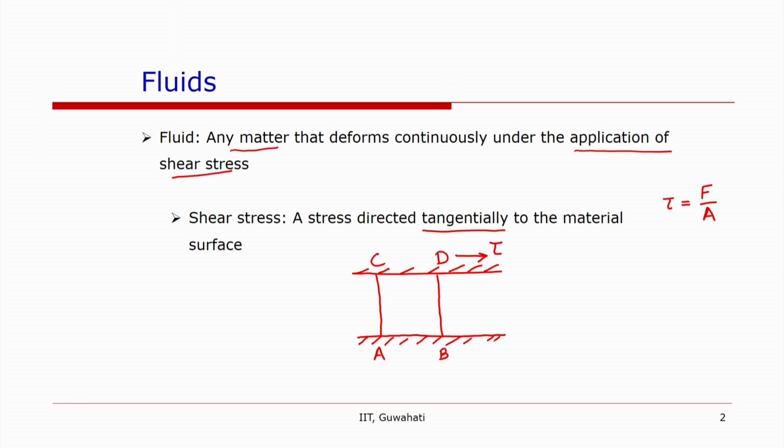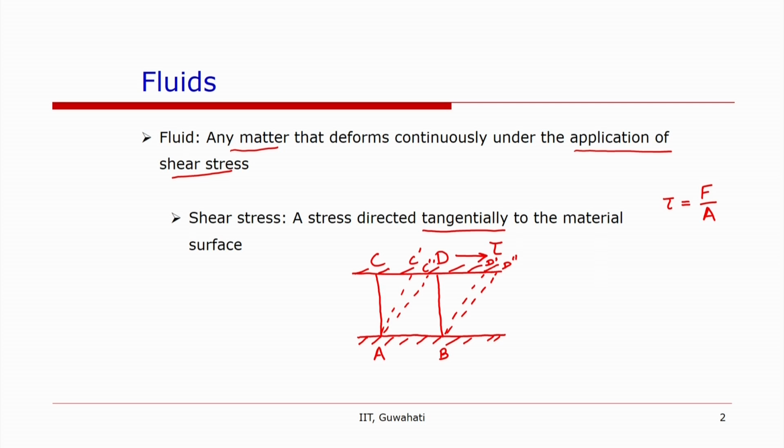So, a tangential force is applied on this surface, and because of this the material will deform to a location, let us say C dash and D dash. After some time, the material will move further to another location, C double dash and D double dash.